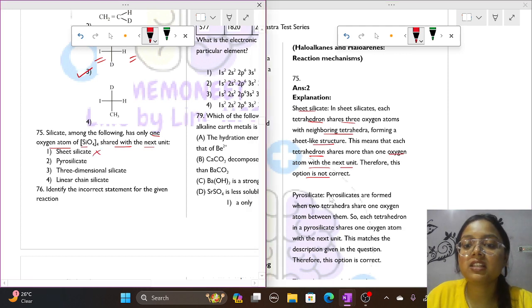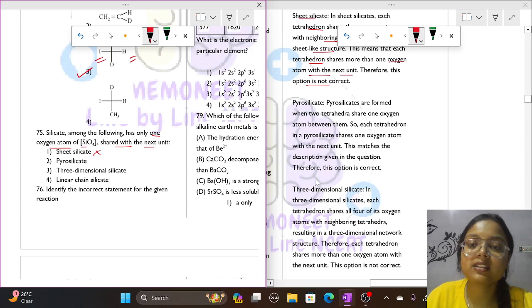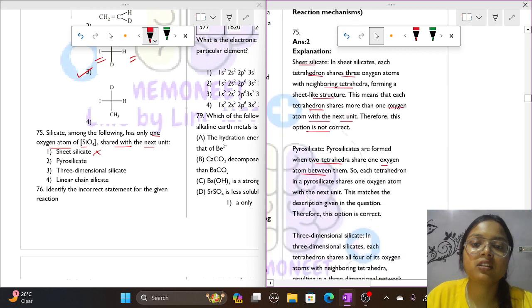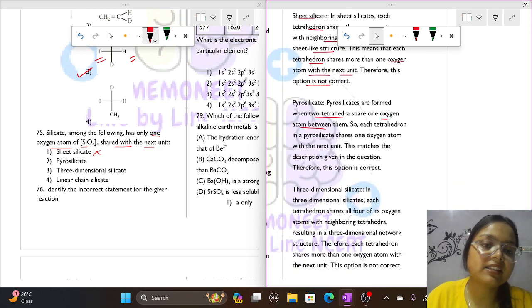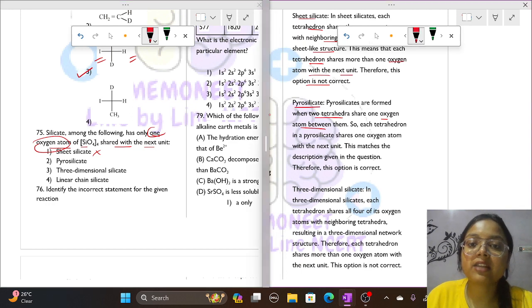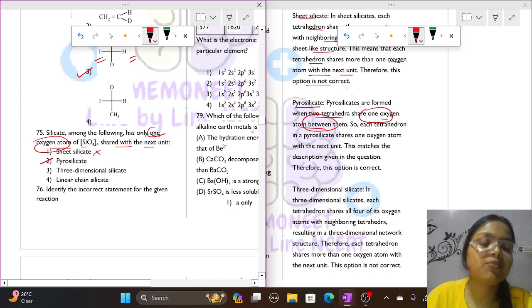Next is pyrosilicate. So pyrosilicate, what does it do? Pyrosilicates are formed when two tetrahedra share one oxygen atom between them. Okay, in the question it is asked which of these share one oxygen atom. So yes, pyrosilicates share one oxygen atom between them. So option number 2, pyrosilicate, will be the correct option.